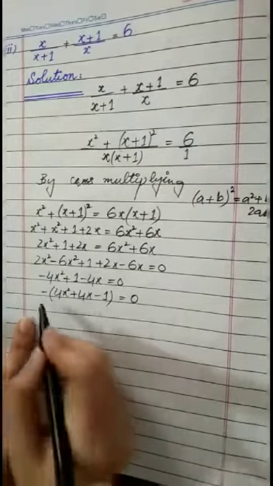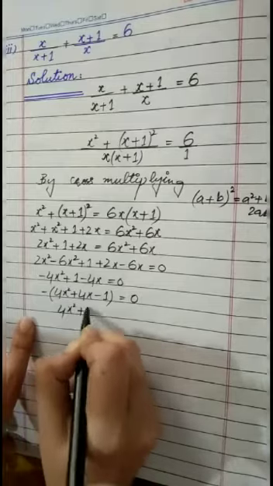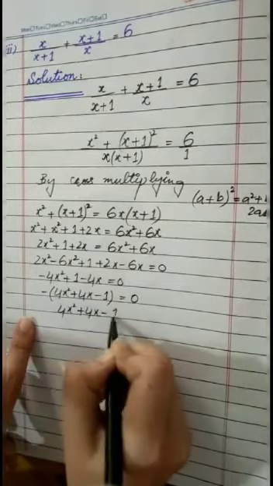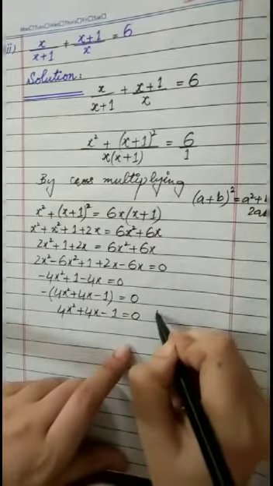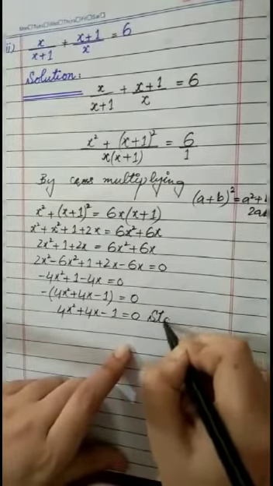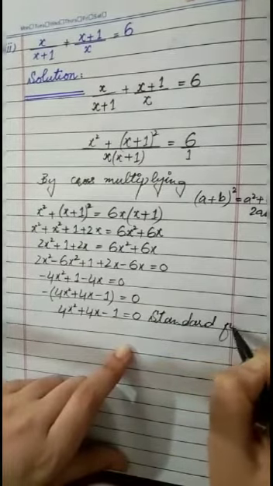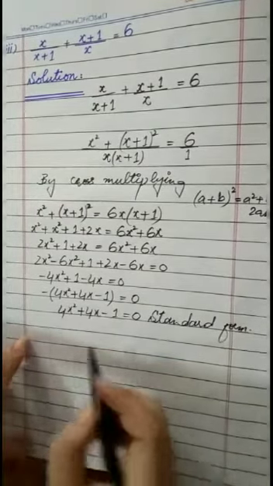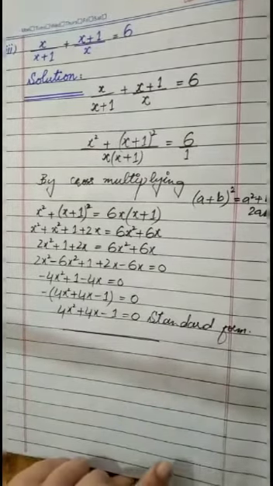Negative is divided on both sides and it's positive, that is 4x square plus 4x minus 1 is equal to 0. It is the standard form of a quadratic equation.